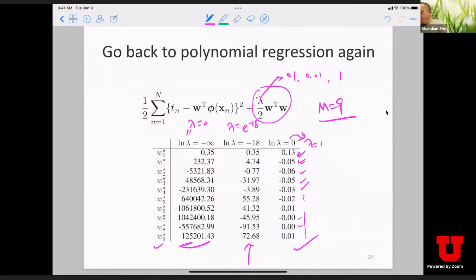Okay, so we just used one example to showcase how useful it is to introduce a regularization term, and this regularization term is just L2, the square of the norm.